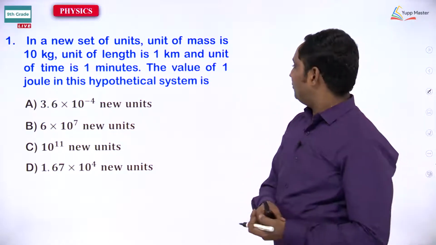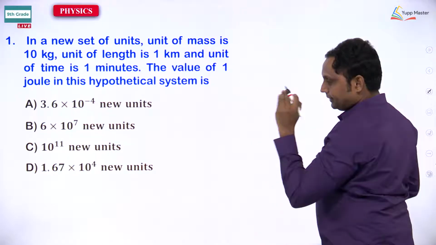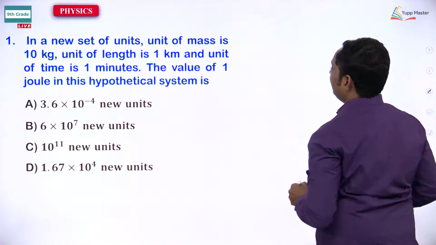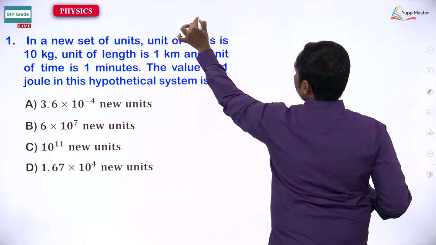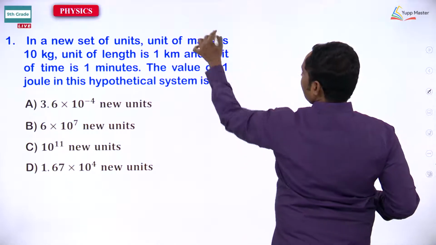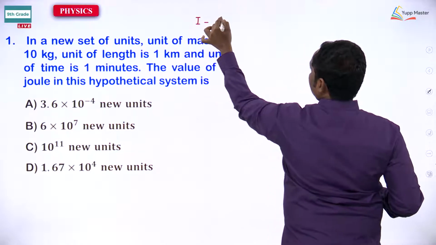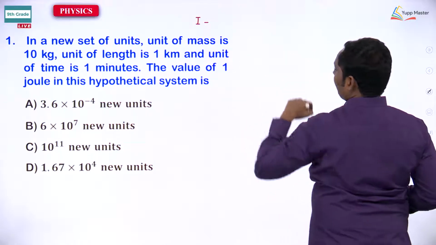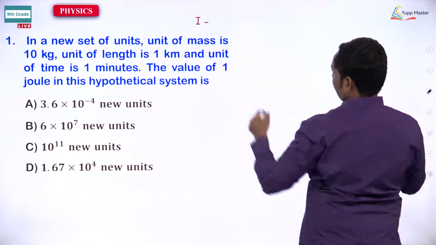We have to solve this problem by getting the relation. In the first system, just take the direct relation, it is better.